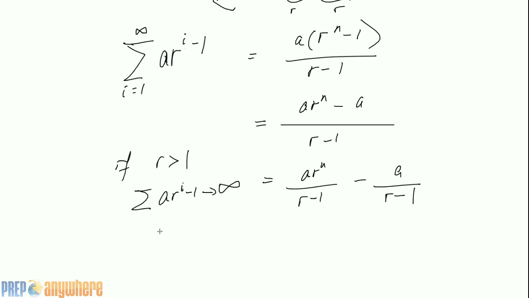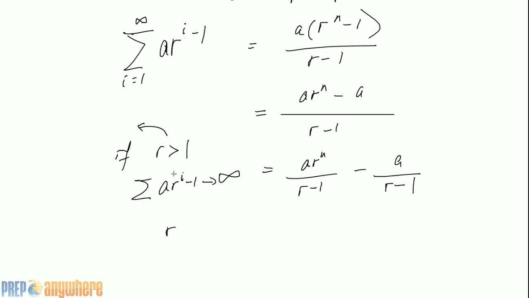However, to be more precise, r can also be less than negative 1. This time it's going to add and subtract things, but still it's not going to converge to anything. It's going to diverge too.